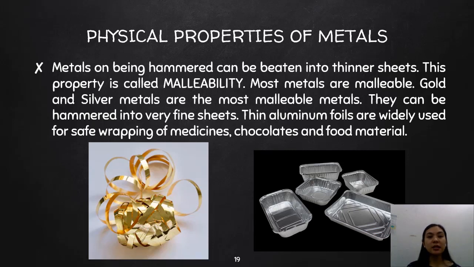Gold and silver metals are the most malleable metals. That's why lagi silang ginagamit diba sa jewelries and everything, kasi it will require na dapat yung kaya mo silang i-form into very, very thin materials. And another here is your thin aluminum foils, which are widely used for safe wrapping of your medicines and your foods.